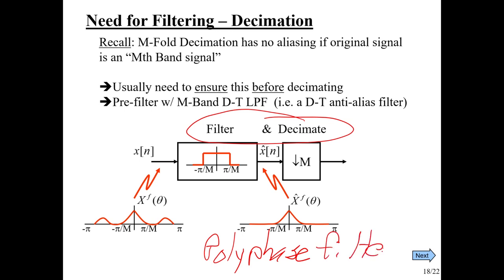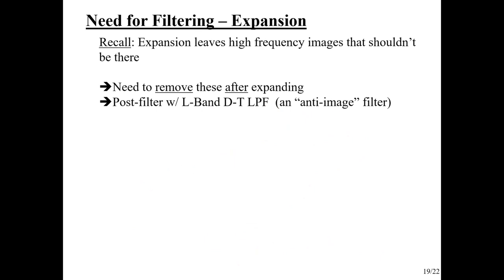It's just an efficient way to do this operation. So if you run into these polyphase filters, don't let anybody convince you that they've done some special design to make some sort of special polyphase filter. It's really just a polyphase implementation of this idea. Okay, so that's the need for filtering with decimation.